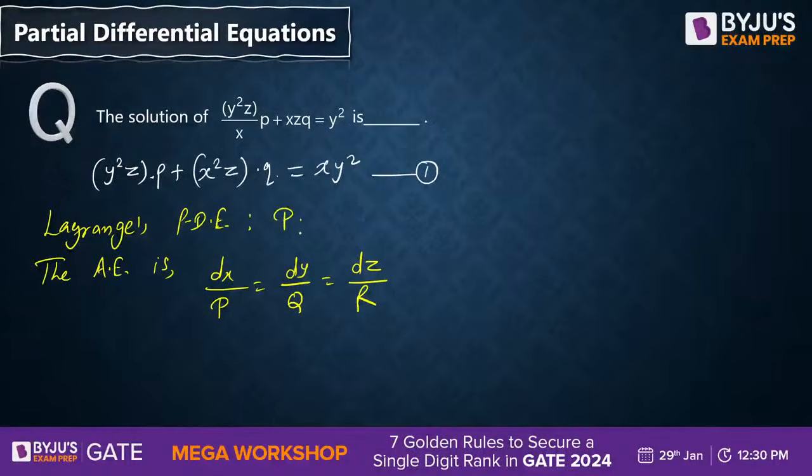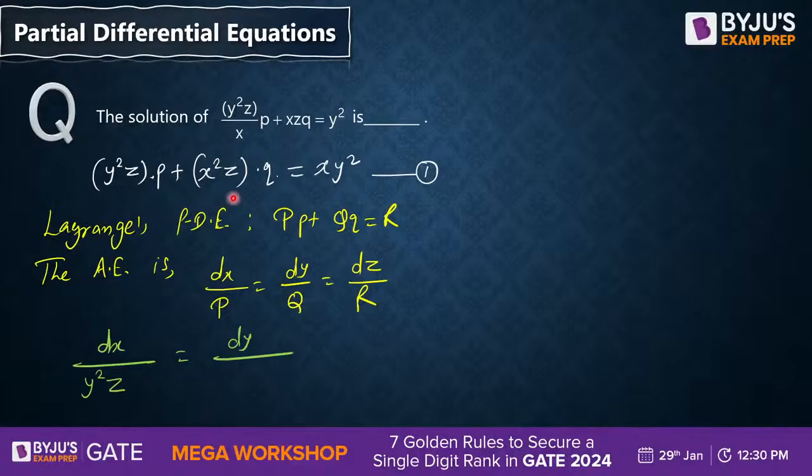So Lagrange's PDE is Pp plus Qq equal to R. You can compare and find out the value of P, Q and R. dx upon P, capital P is the coefficient of small p, y square z. dy upon Q, capital Q is the coefficient of small q.